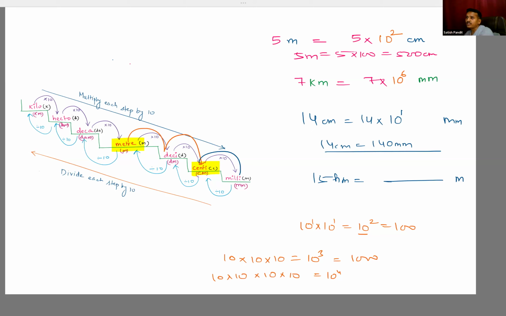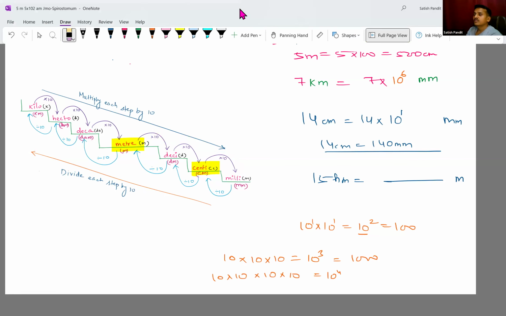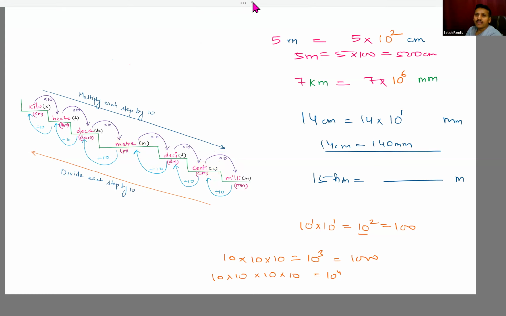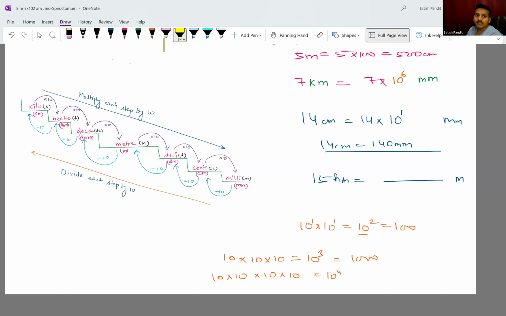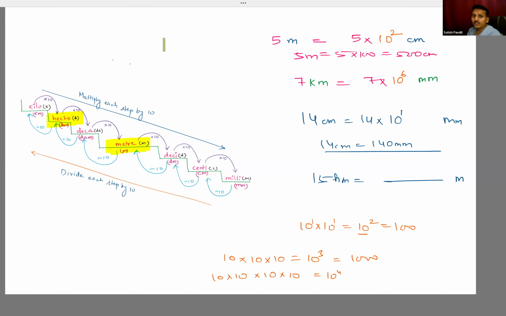Roshan, check. It is not correct, Roshan. 15 hectometers in meters. Aditya, check. Lokajit, no. See, if you look carefully, where is hectometer? Hectometer is here. Where is meter? Meter is here. So hectometer to meter, there are two jumps.